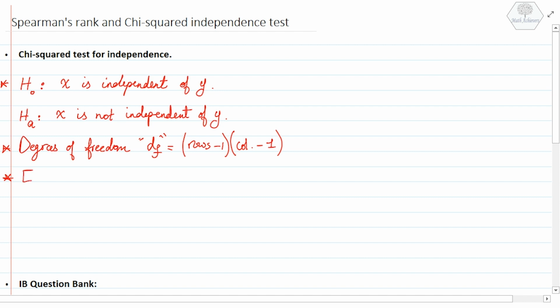So the expected value is always equal to the row total times column total, all of it divided by the grand total.